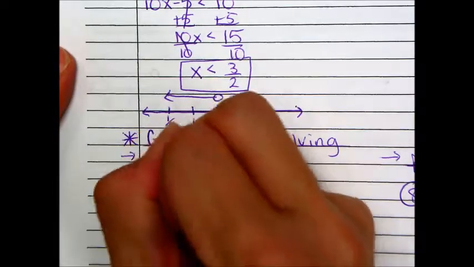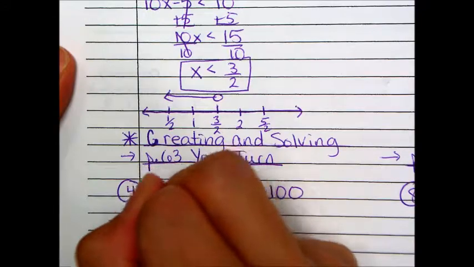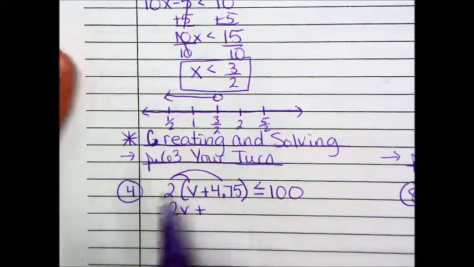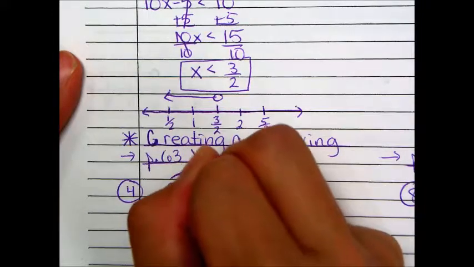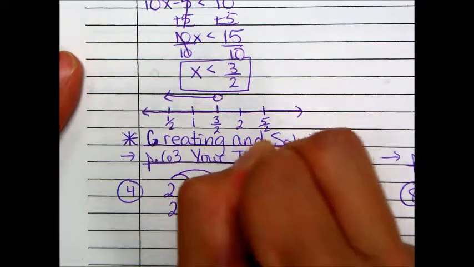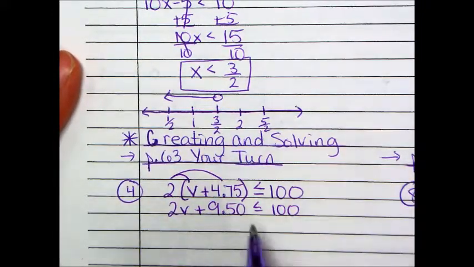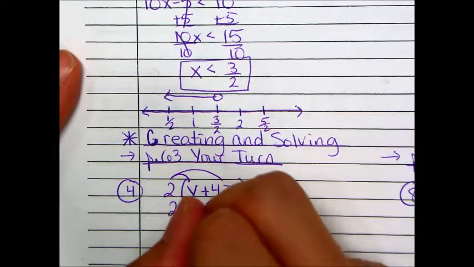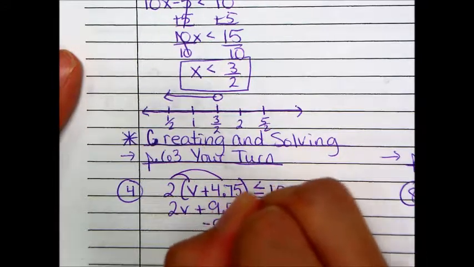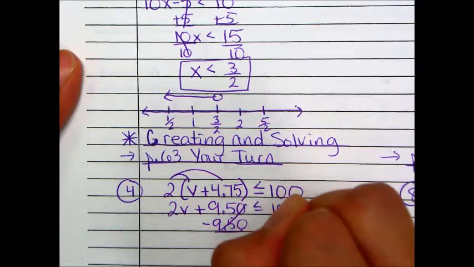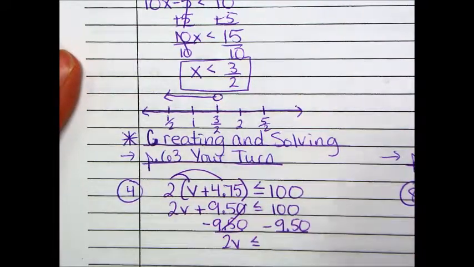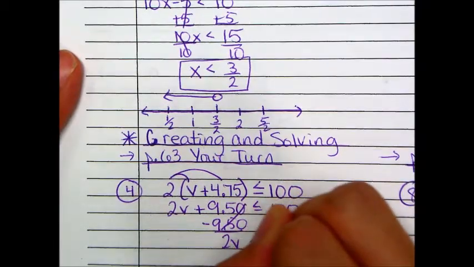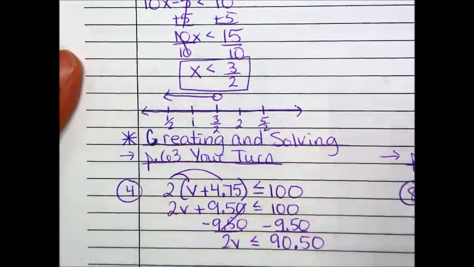So to solve this, we would do a quick distributive property here and have 2v. If you multiply 2 times 4.75, it comes out as $9.50. Then we would want to subtract out the $9.50 on each side to get 2v is less than or equal to $90.50.